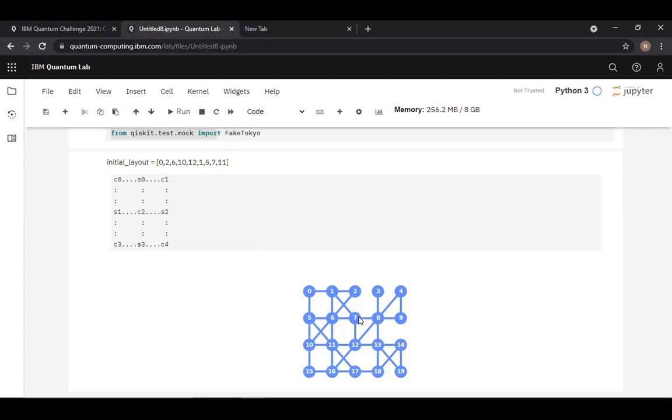Before that, we see which qubits 7 is connected to. It's connected to 6, 8, 12, and 1. And if we see whichever qubits 2 is connected to, it's connected to 6, 1.